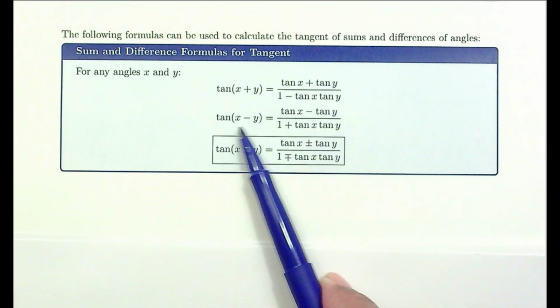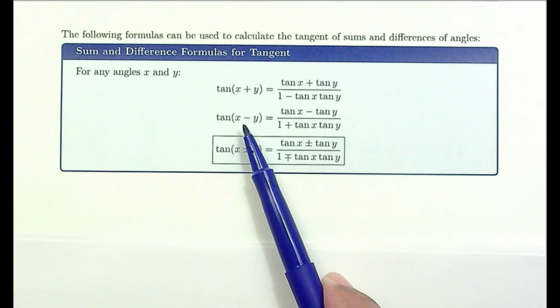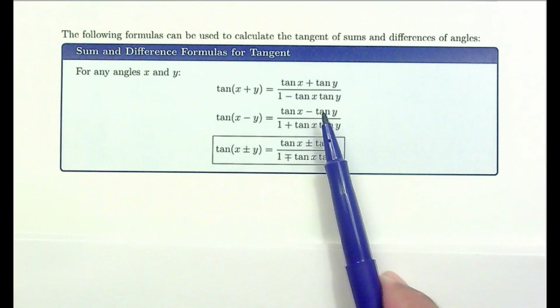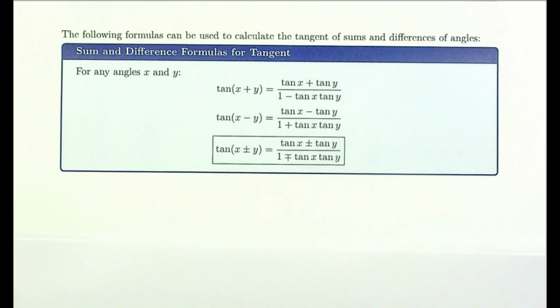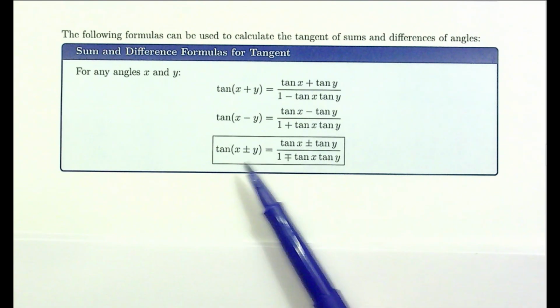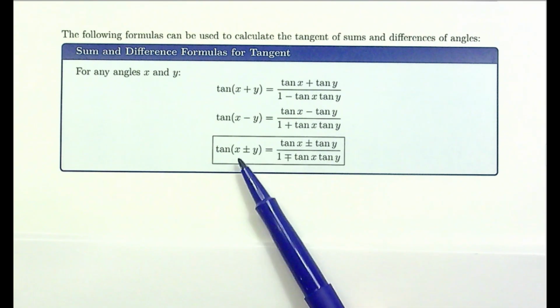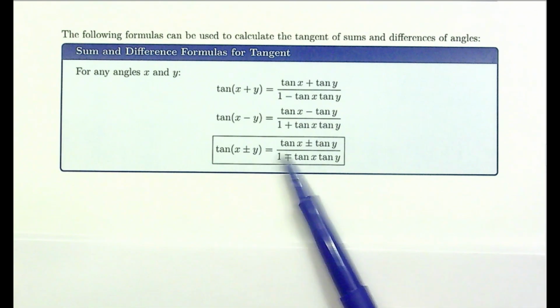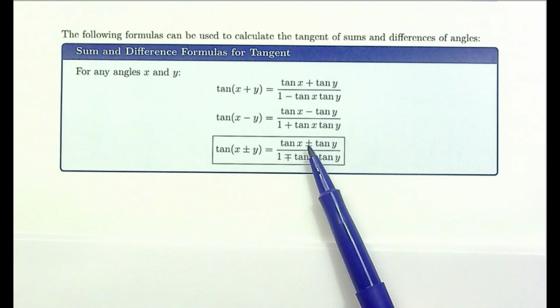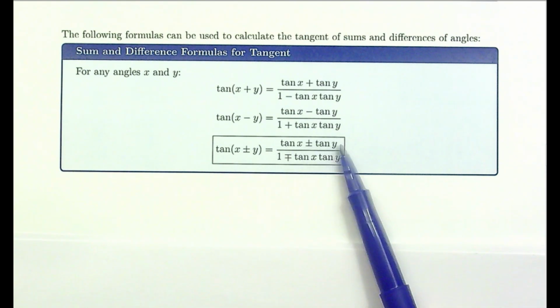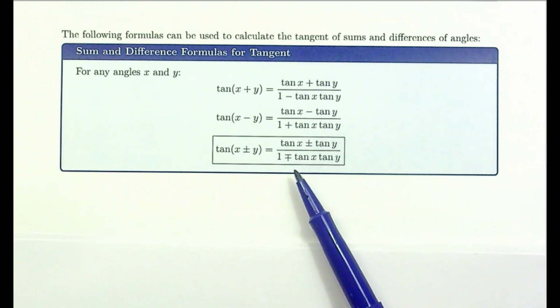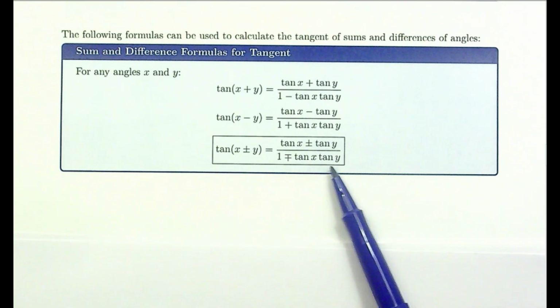The formula for the difference is similar, just the signs are different, and then you can condense them into a single one by saying tangent of x plus or minus y equals tangent of x plus or minus tangent of y, and then all that over 1 minus plus tangent of x tangent of y.